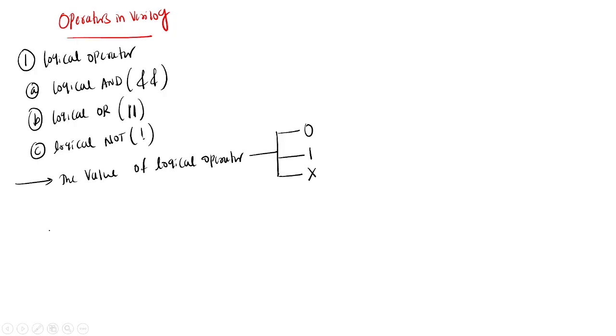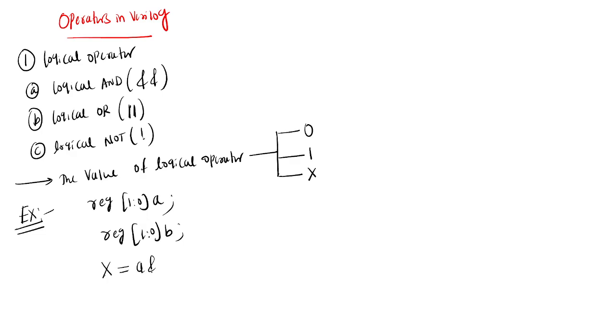Let us take one example, logical AND. Let us take reg [1:0] a and reg [1:0] b. I am giving x equal to a logical AND of b.